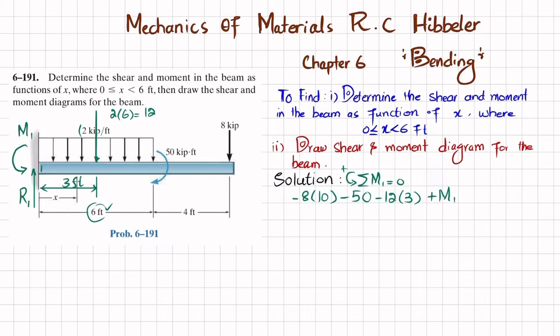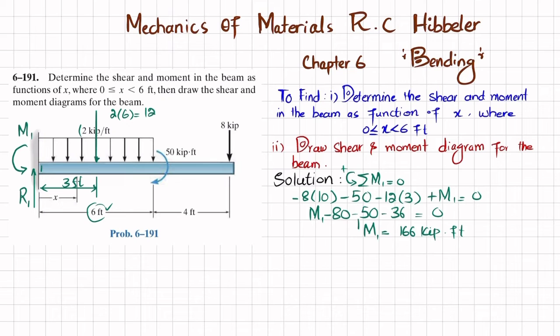The sum of all moments about point 1 must be equal to 0. So from here we get M1 minus 80 minus 50 minus 36 is equal to 0, and M1 will be equal to 166 kips-feet.